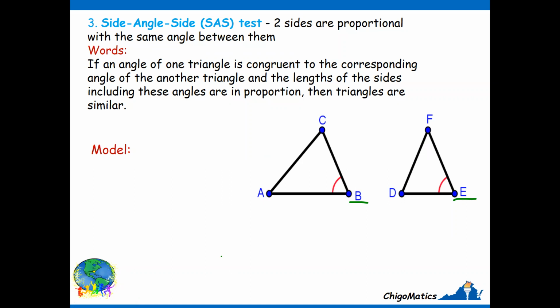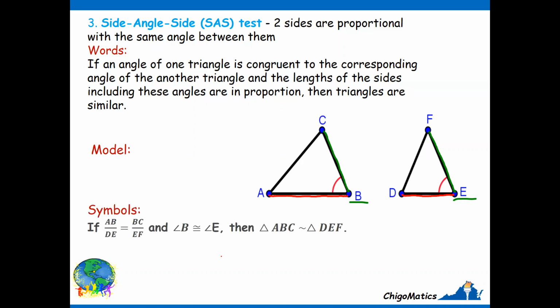So as such, the corresponding side that should be in a given proportion should be the side BC, right? Which I can safely put as EF. Then the other side, AB, then the other side is DE. Because they contain the angles that we are saying they are the same.